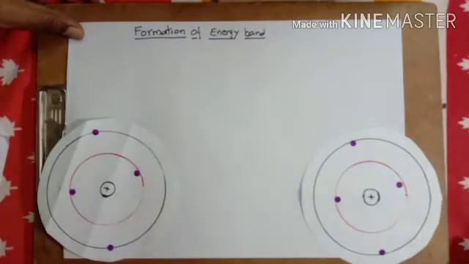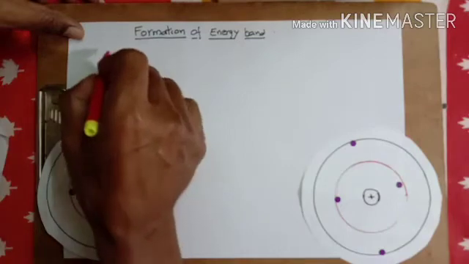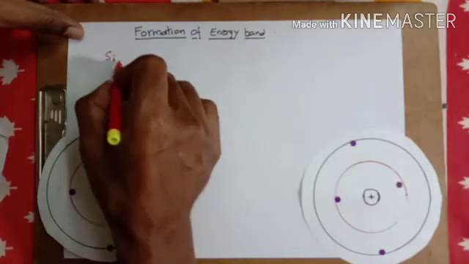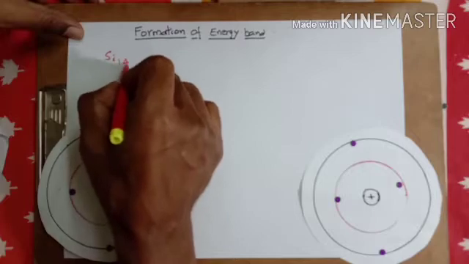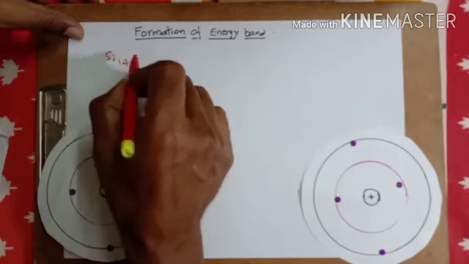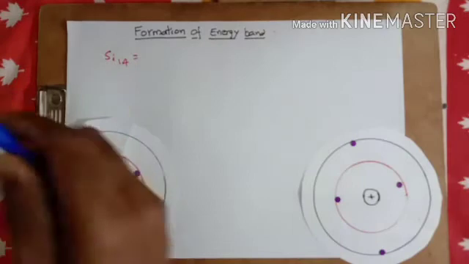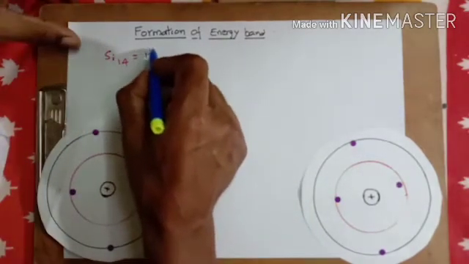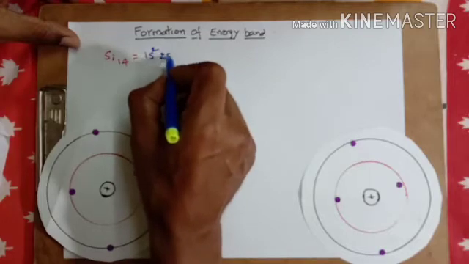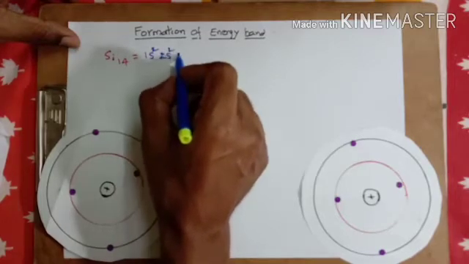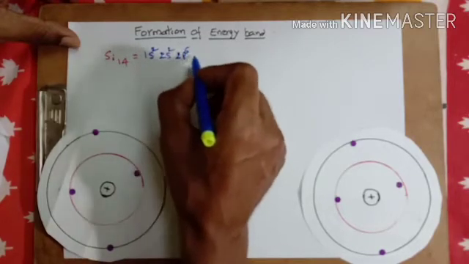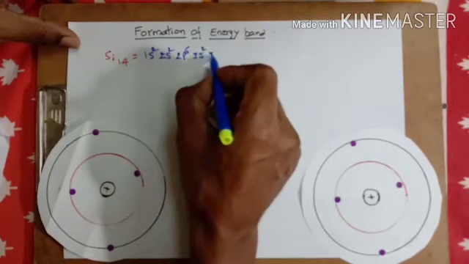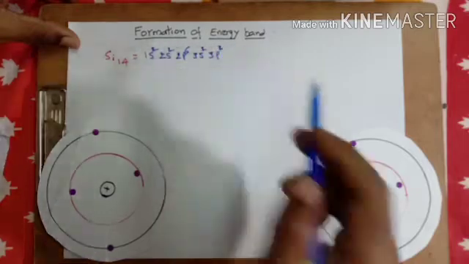So I'll take an example of silicon, which is a widely used semiconductor, whose atomic number is 14. So if you write the electronic configuration of silicon, this will be 1s2, 2s2, 2p6, 3s2, 3p2.